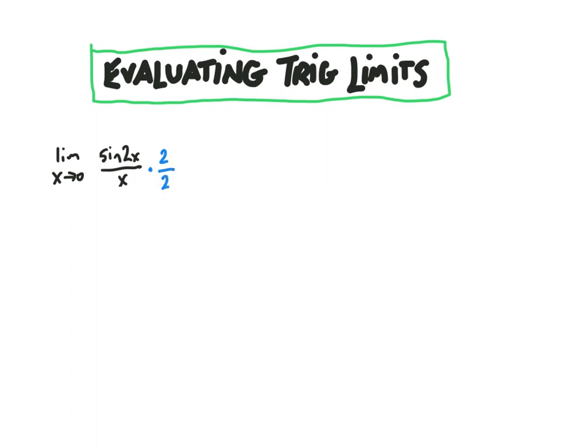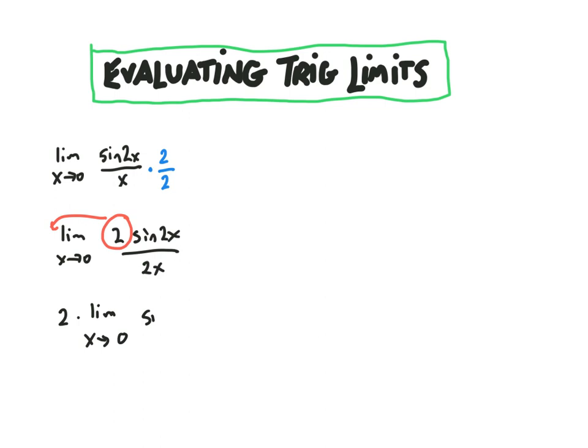Because now I can rewrite the limit as the limit as x goes to 0 of 2 sine of 2x over 2x. And this 2 right here in the numerator, the coefficient, can be factored out because it is not a function of x. And this will give me 2 times the limit as x goes to 0 of sine of 2x over 2x.